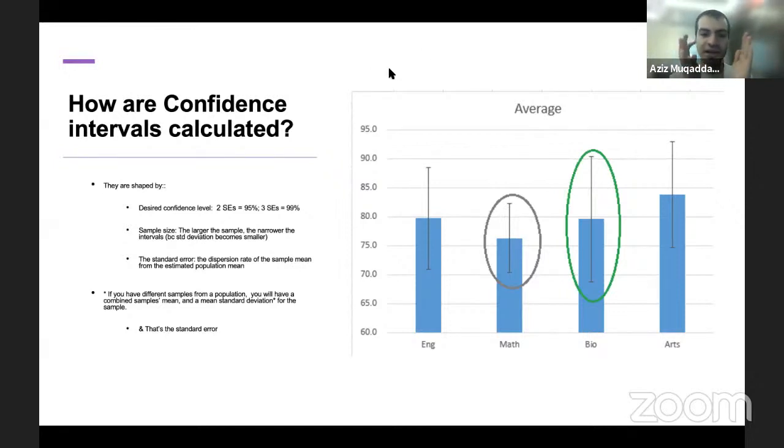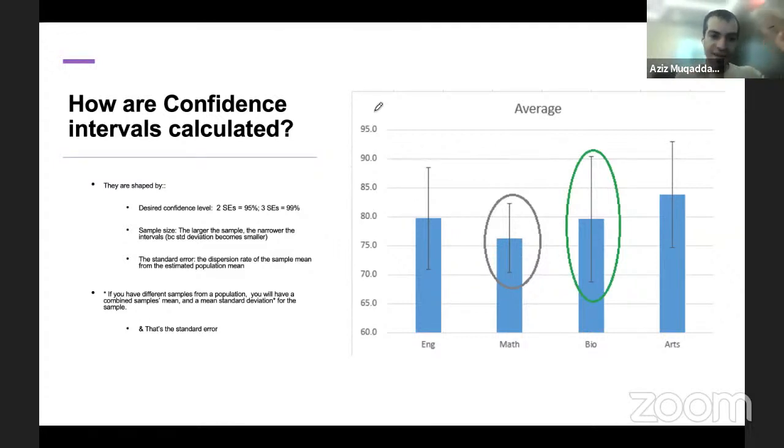But basically, the confidence intervals are 2 standard errors, which will get you 95% of the cases, if you remember. So 2 is 95%, and 3 is 99%. So 95% is if you're relying on 2 standard errors as your confidence intervals, and 99% if you're relying on 3 standard errors as your confidence intervals, right?